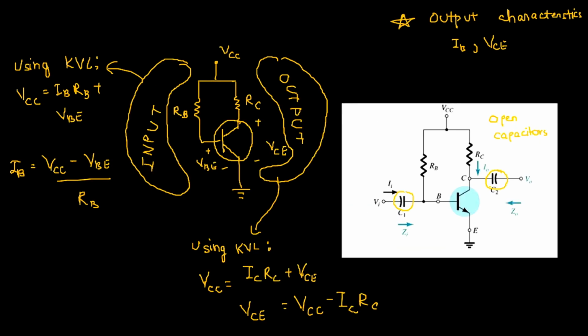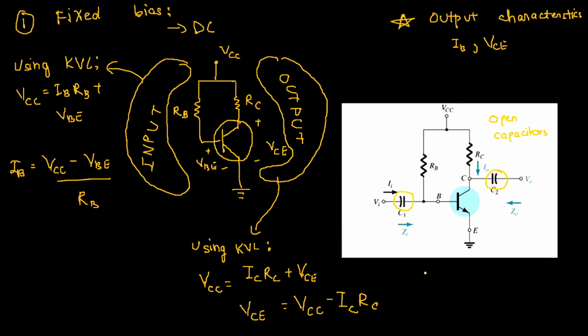So the first one that we'll be talking about is the fixed bias. Right now we are only talking about DC operation. So in DC circuits, the first thing you need to do is open circuit all the capacitors.